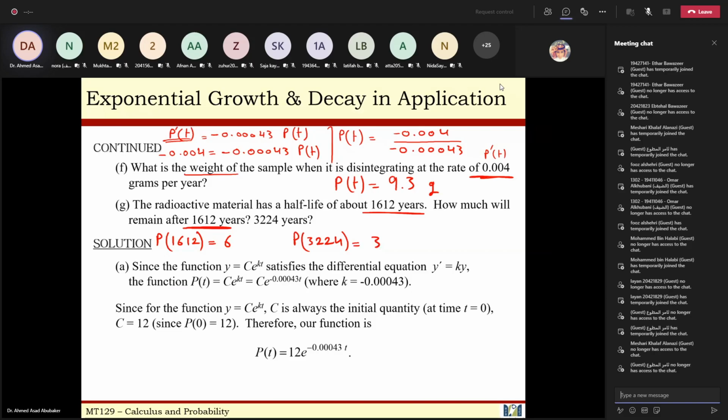Or we can substitute in B of t to find the value. Okay, any questions on this subject?